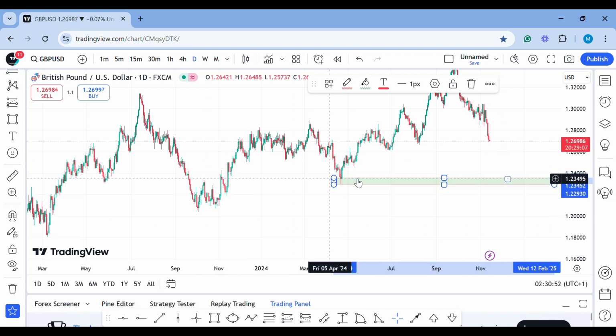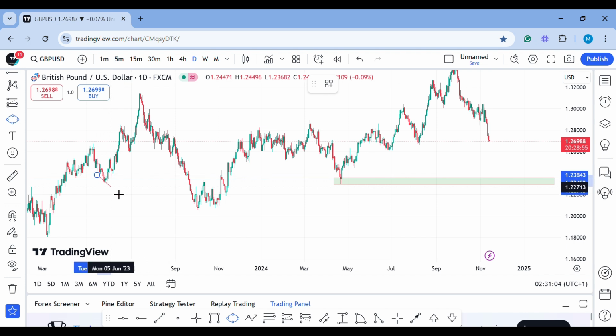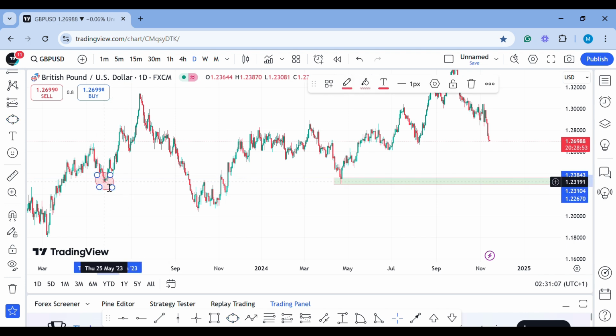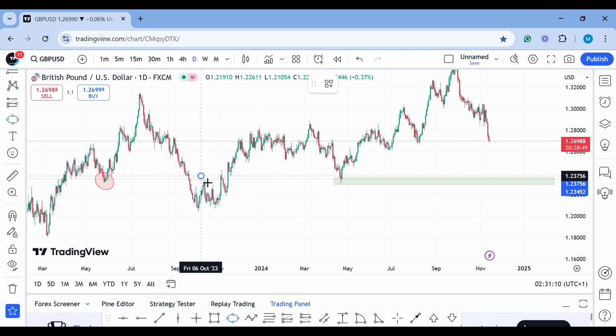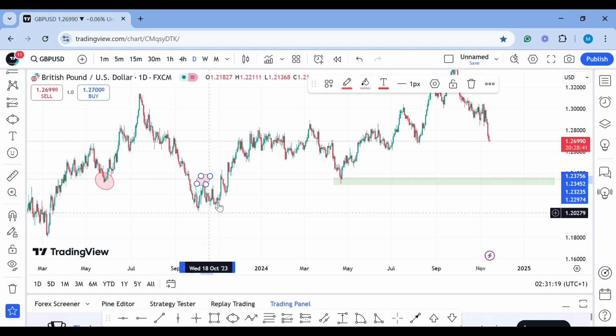So you can see the reason why I take here is because the market reacted here and pushed to the upside, and historically the market has reacted here as well. Look at what the market did within this point. You can see what the market did here, a support zone, and here it created a resistance zone, then pushed to the downside.